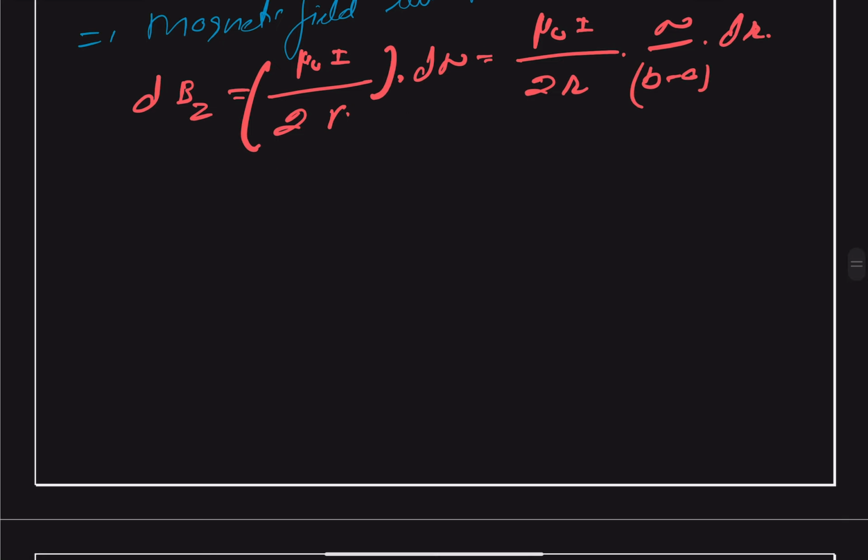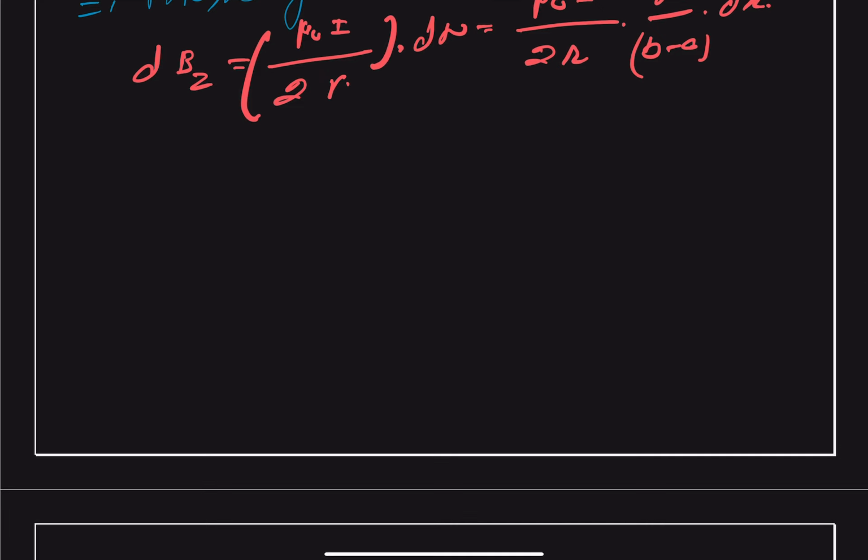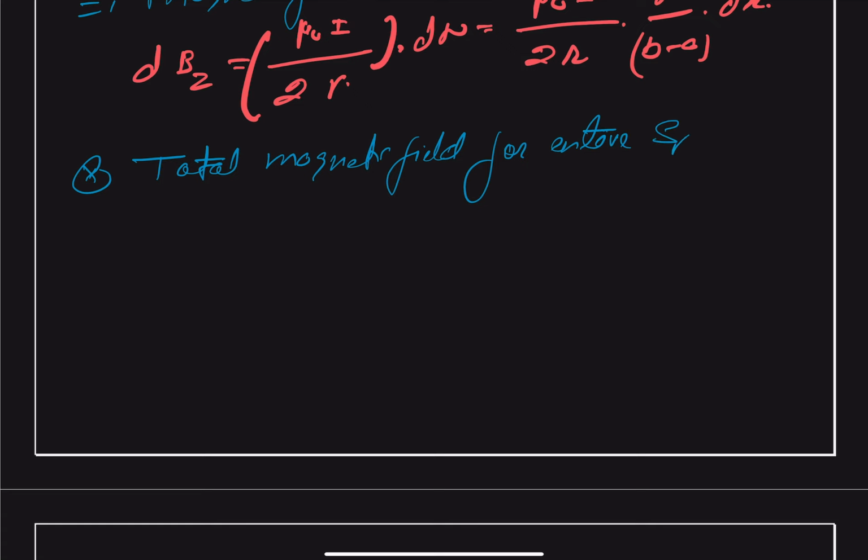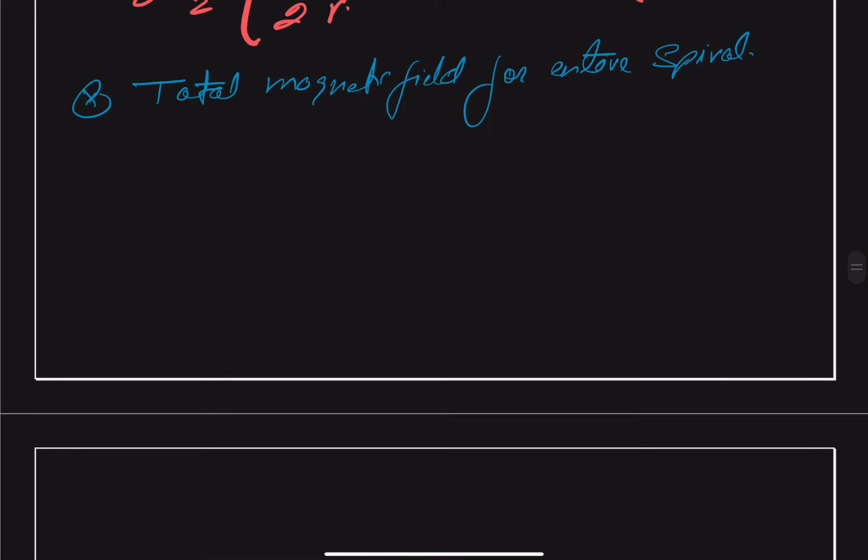Now we find out the total magnetic field for the entire spiral, let us call that Bz.